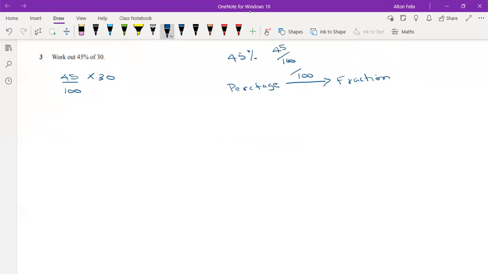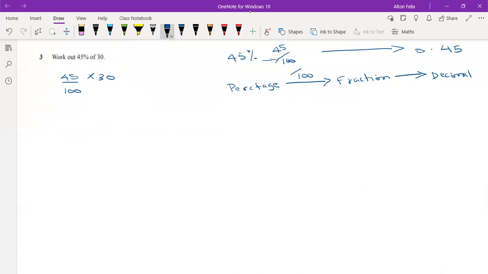So it will be 45 over 100. And of course, dividing by 100 means that you can now convert it to a decimal. This converted to a decimal will be 0.45. 45 divided by 100, 0.45.